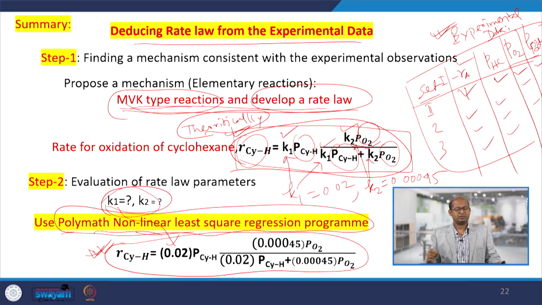So, this is another type, the MVK type of model, that we have discussed, along with Langmuir-Hinshelwood type models, and how both models are fitted with the experimental results and how to evaluate those experimental data to get the rate law by considering the rate equations one by one. These are the MVK type model equations we have developed.